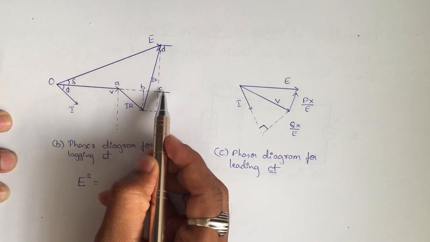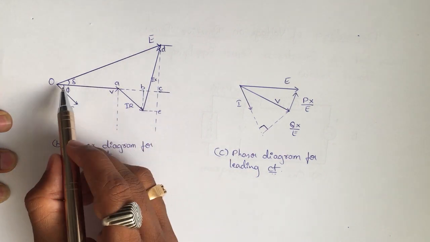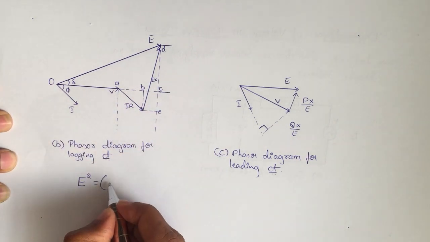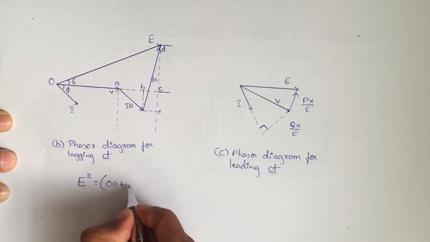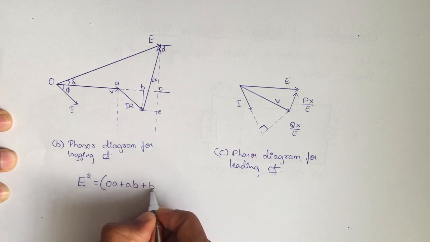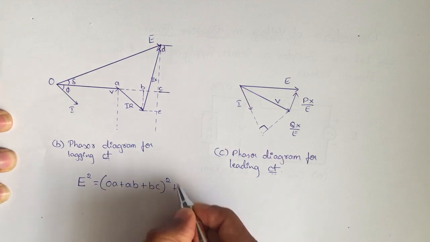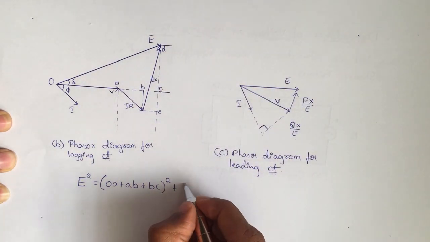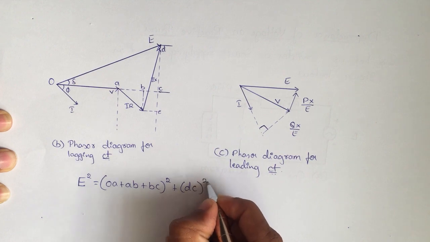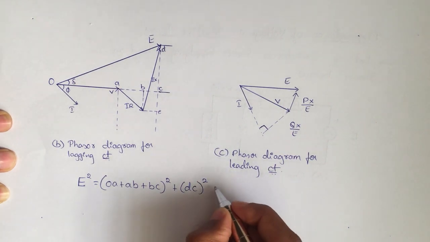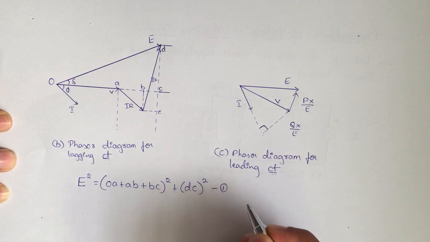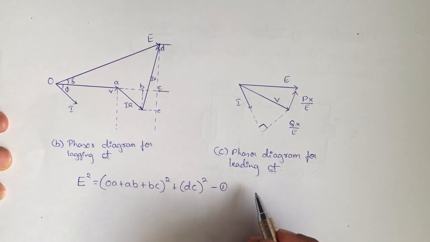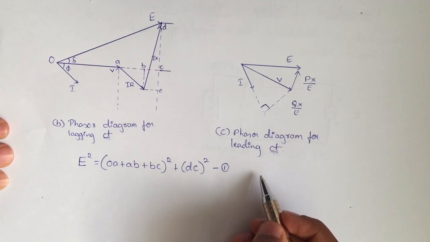Here it is OC. OC consists of OA plus AB plus BC. So E square is equal to OA plus AB plus BC whole square plus DC whole square, marking it as equation number 1.